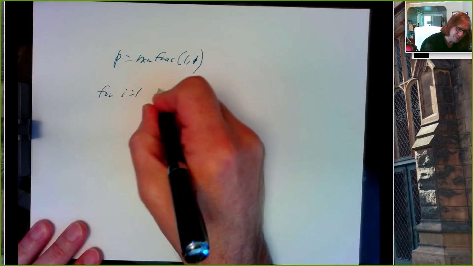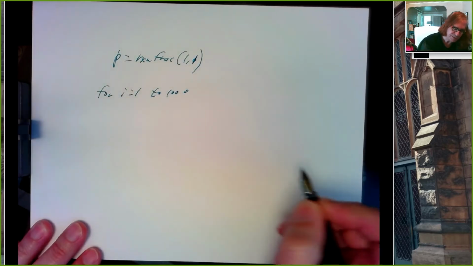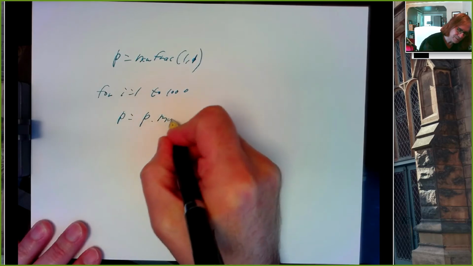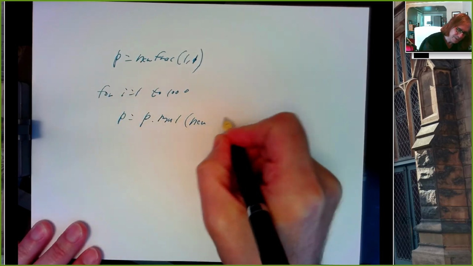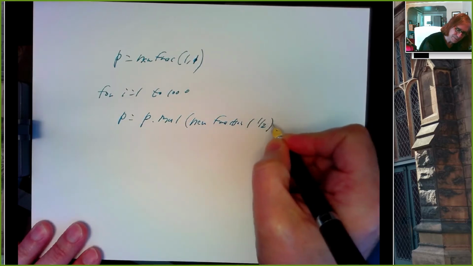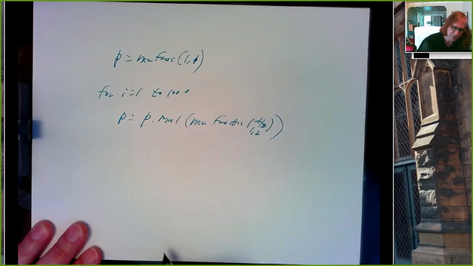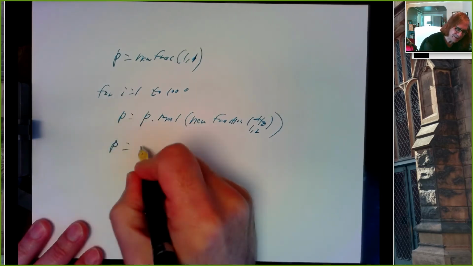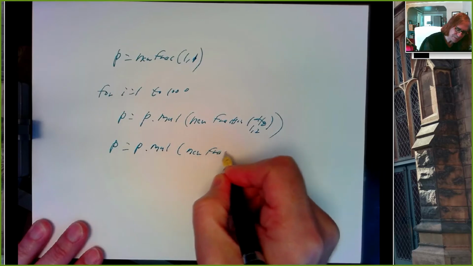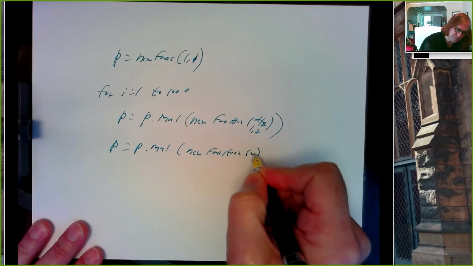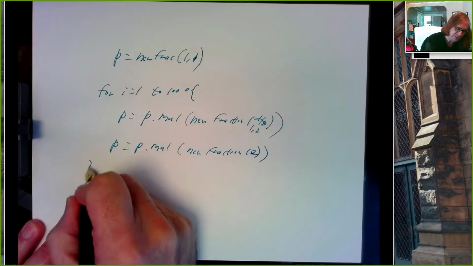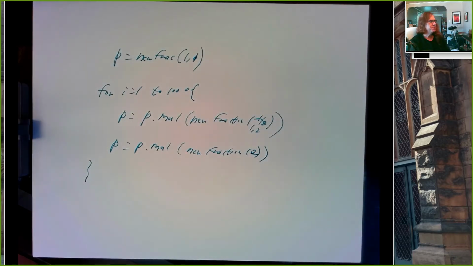For I equals 1 to 1,000, P equals P dot multiply new fraction 1 comma 2. So multiply P by a half and then multiply by a new fraction 2. And do that a few thousand times.